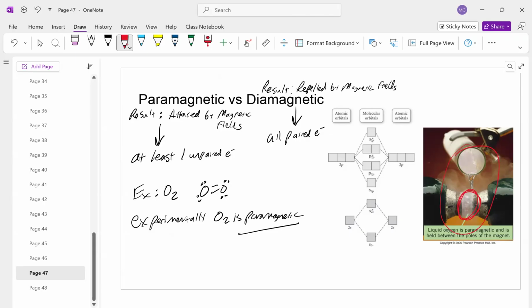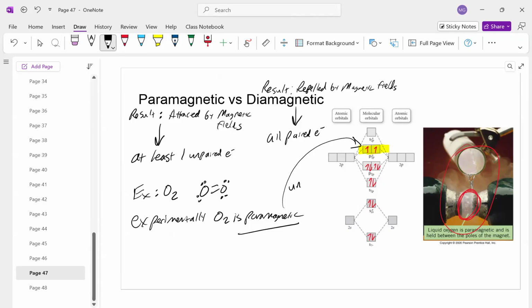So I just did the molecular orbital diagram on the previous page. I'll do it again here. So again, I got to place 12 electrons. 1, 2, 3, 4, 5, 6, 7, 8, 9, 10, 11, and 12. And what do you notice about the electrons? Especially these right here.